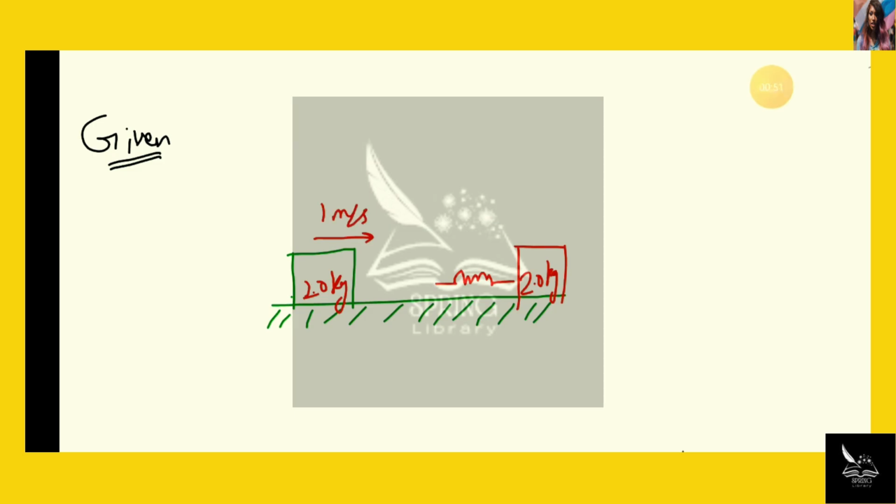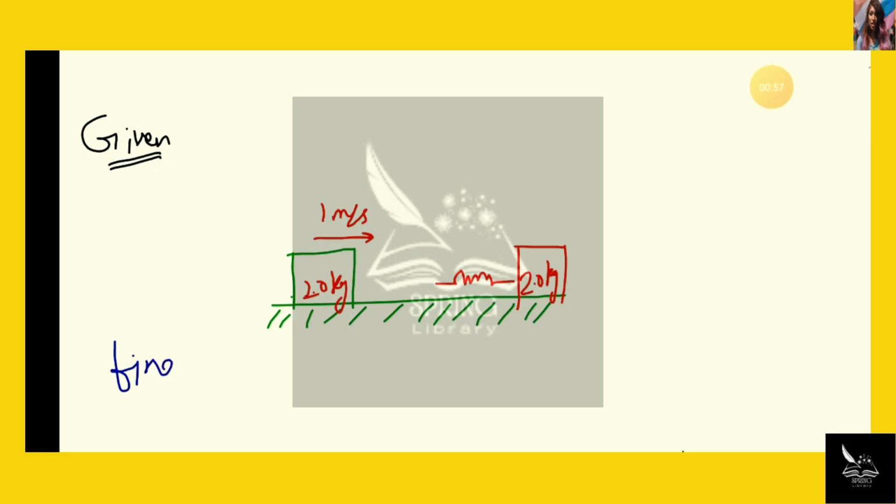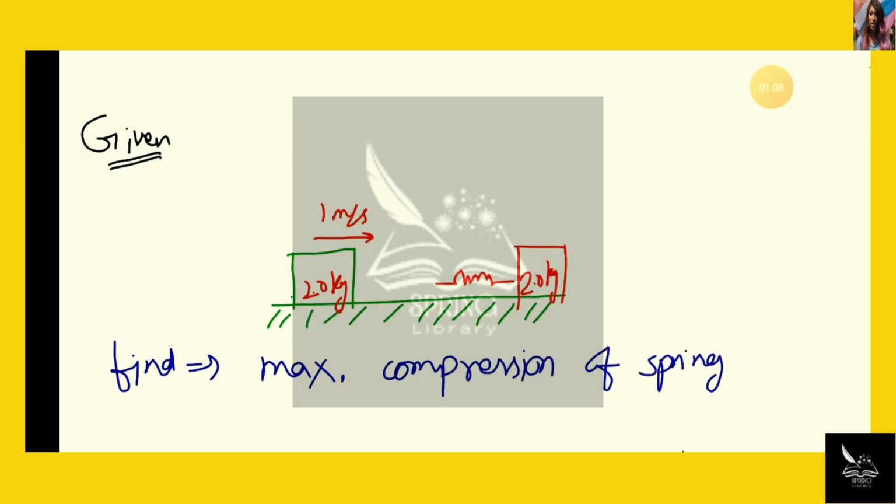The question asks us to find the maximum compression of the spring, and the spring constant is given, equal to 100 Newton per meter. So this data is given. Now let's start answering this question.